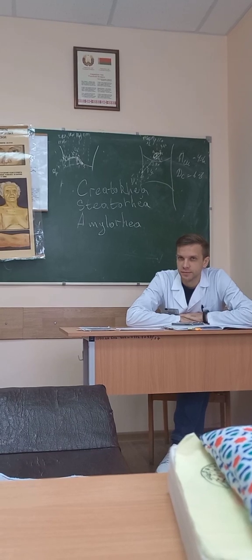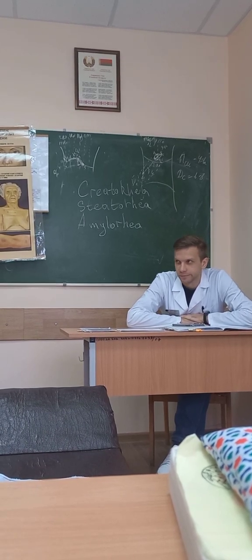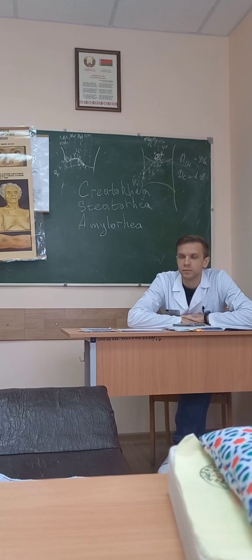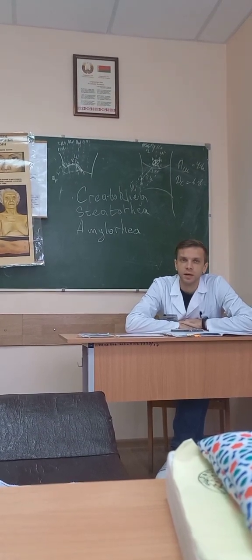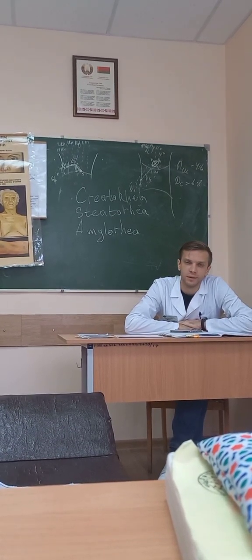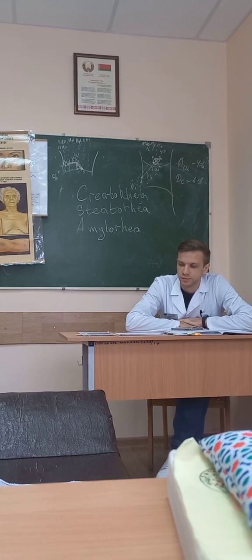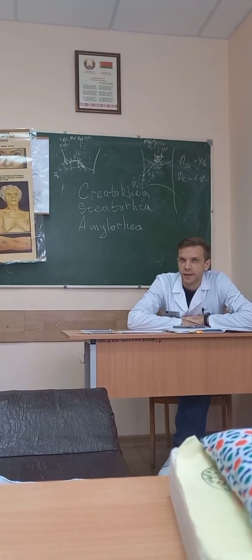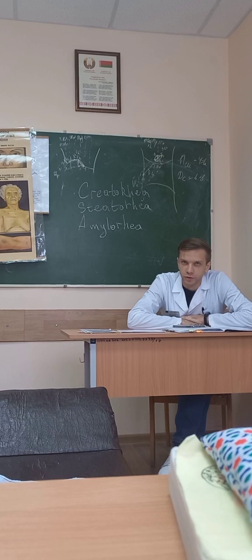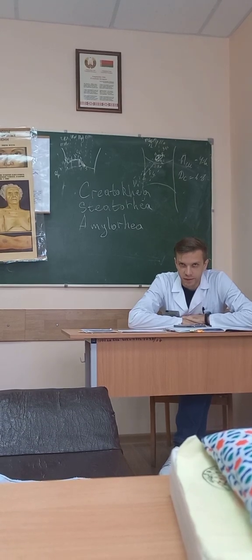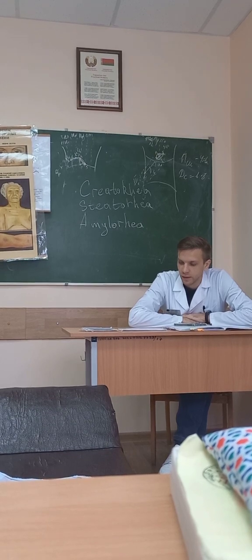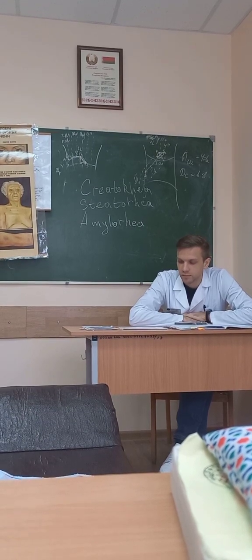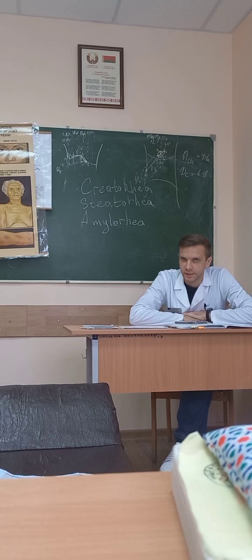In enteritis, patient has diarrhea, so stool is liquid, foamy, shape is unformed. At the same time, we can see putrid or fermentative dyspepsia. And in microscopy, we will see white blood cells only.